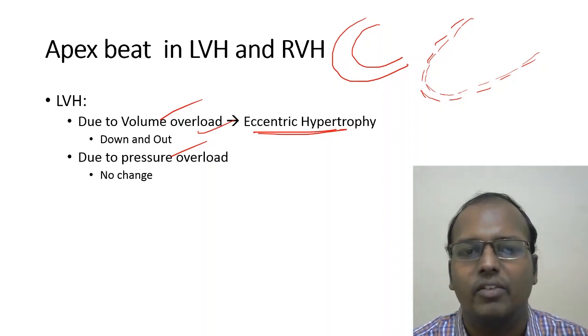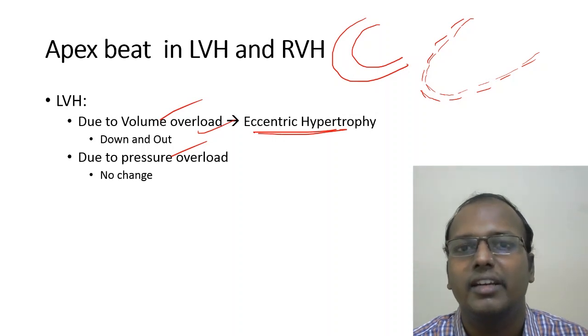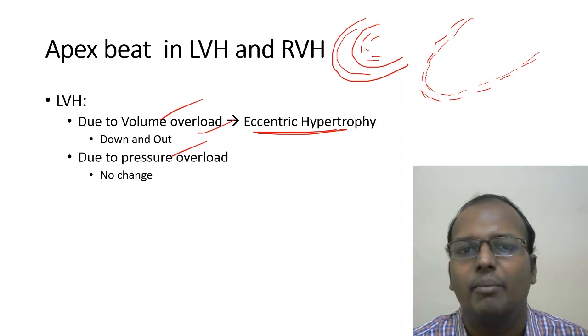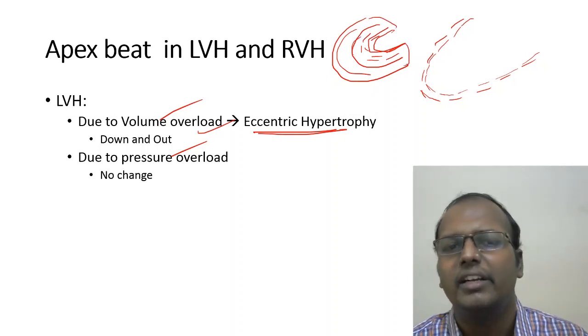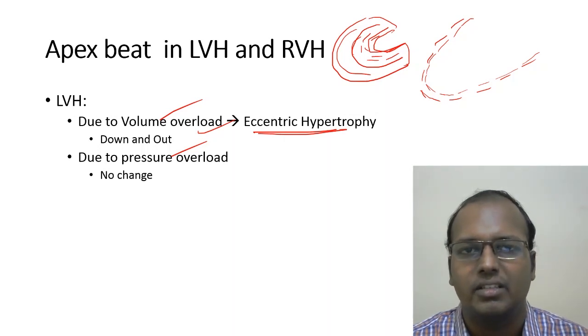Whereas in your pressure overload there will be concentric hypertrophy. So this is the normal ventricle. What happens is extra fibers come like this, parallelly arranged to the existing muscle fibers. That is called concentric hypertrophy. So that will not lead to any change in the apex beat.